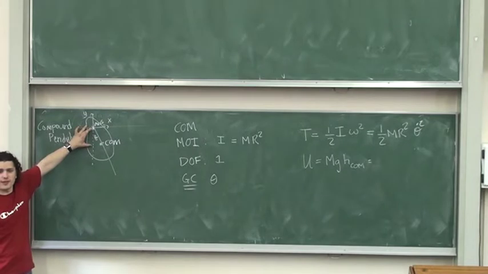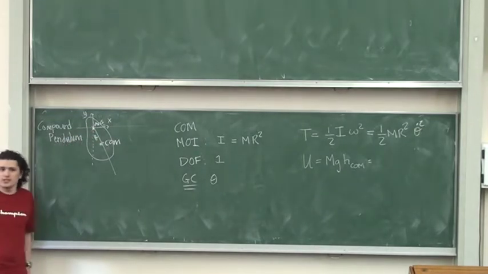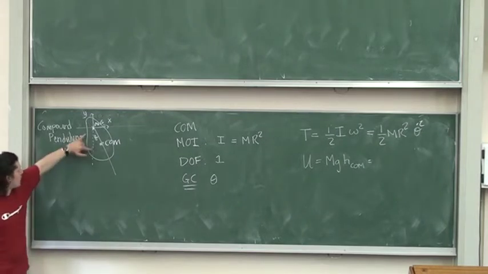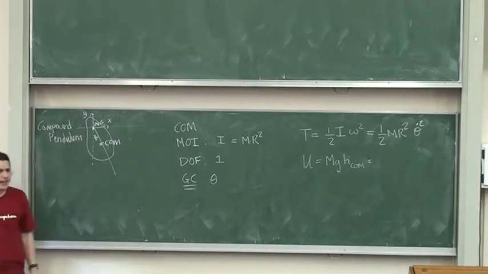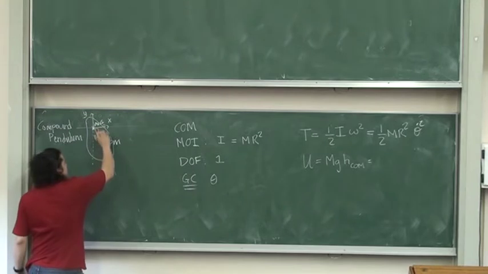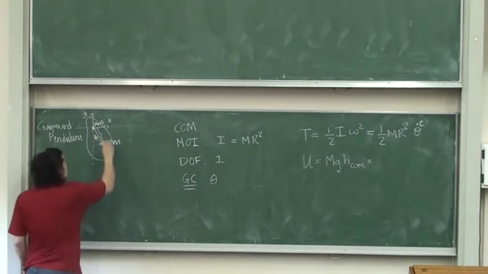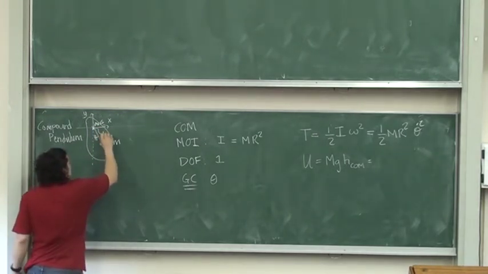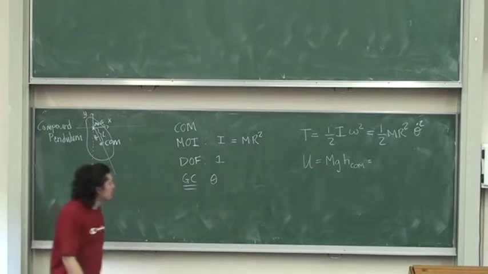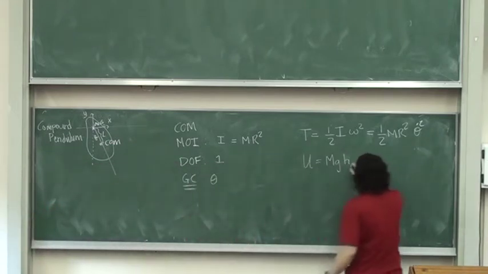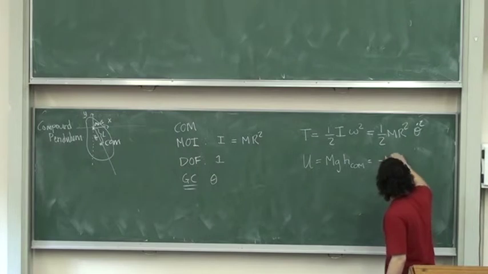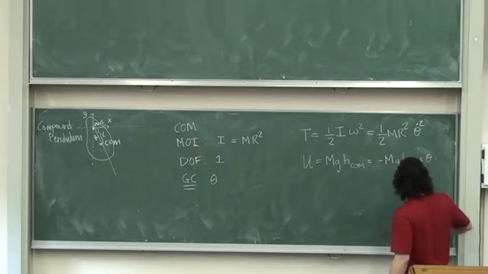I've got cos theta coming out, so I've got an mg cos theta. So we need to define this distance between the center of mass and the axis. Let's call it L. So negative L cos theta is the height of the center of mass, minus mg L cos theta.